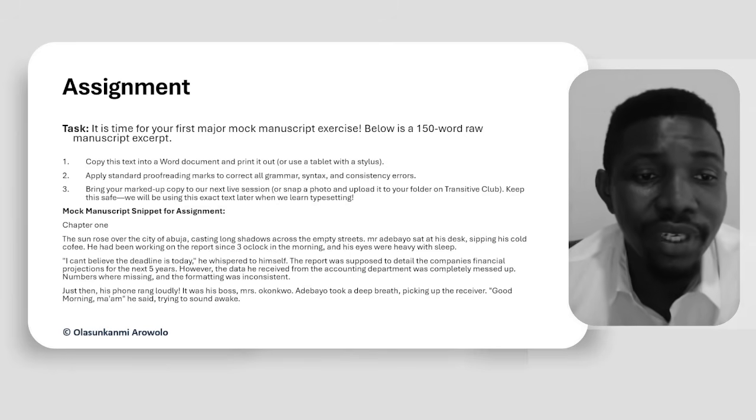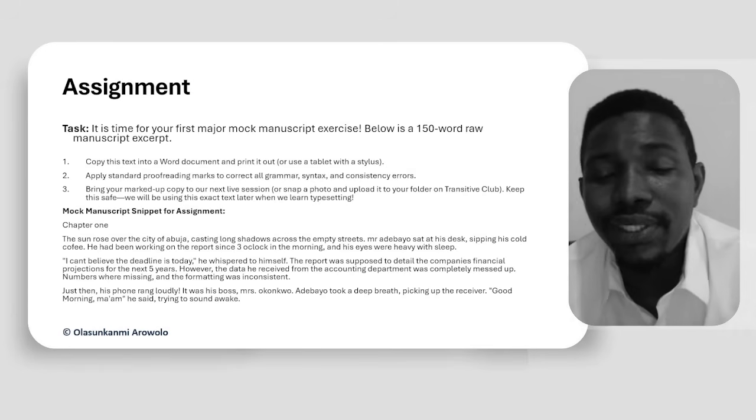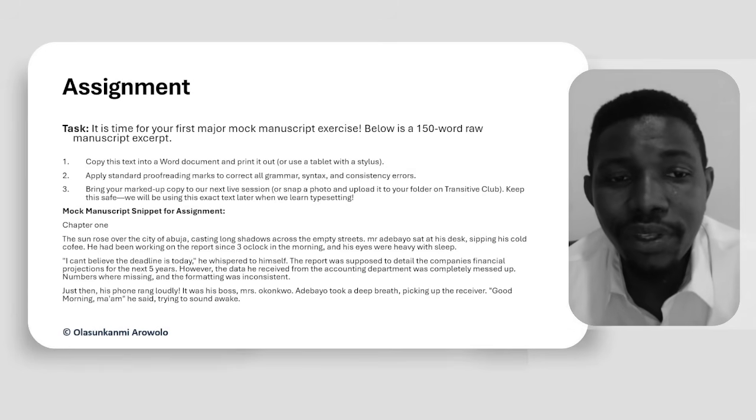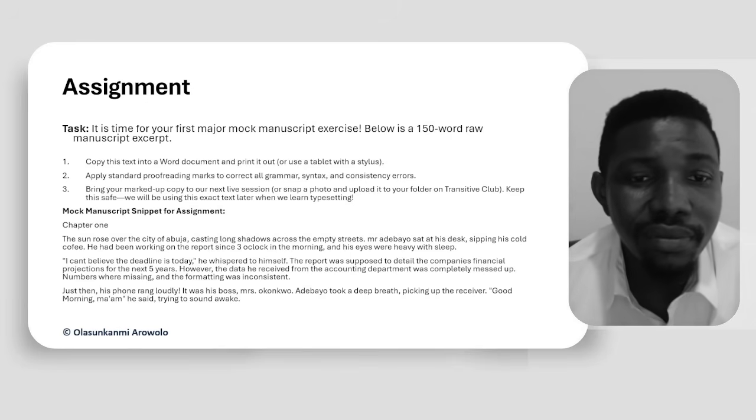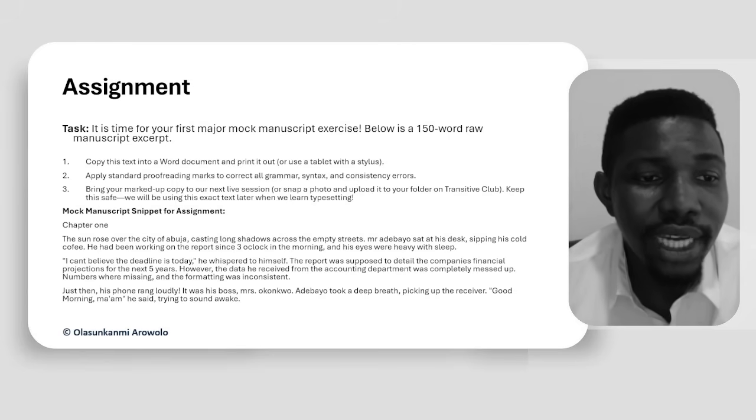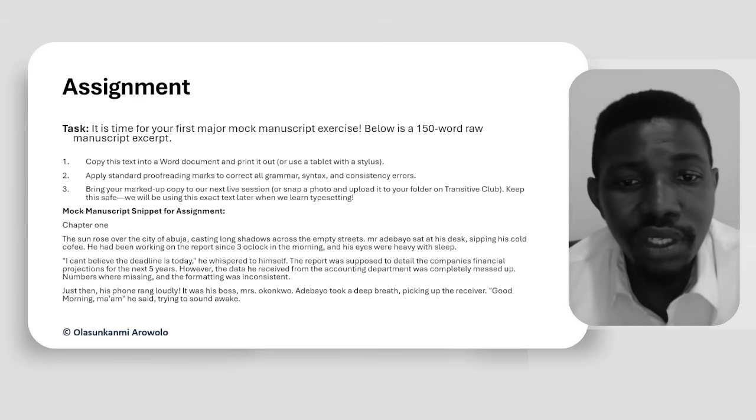Apply the standard proofreading marks to correct the grammar and syntax. Try to insert it. And if you have been able to do that, that will be really appreciated. And it will really help you to understand more about your works. And if you can post it as a comment, that will be really acknowledged and appreciated. Do that, you get a feedback from me.